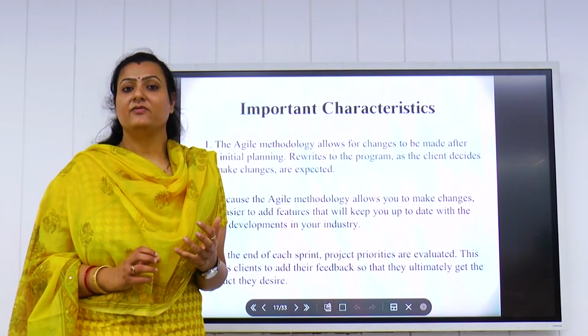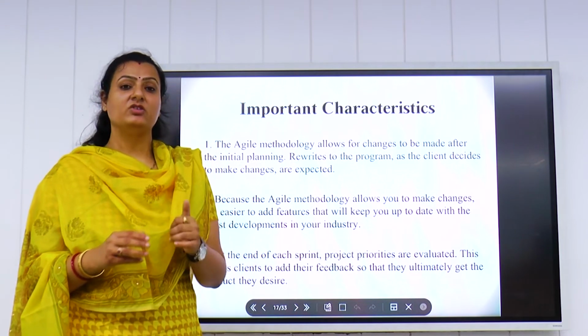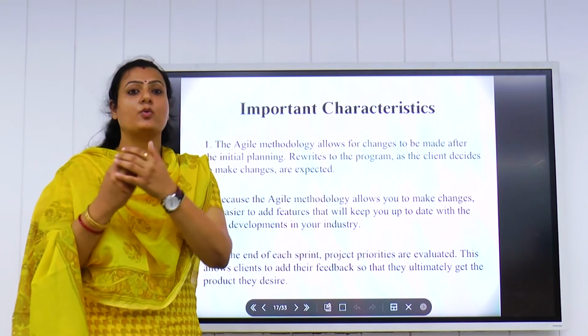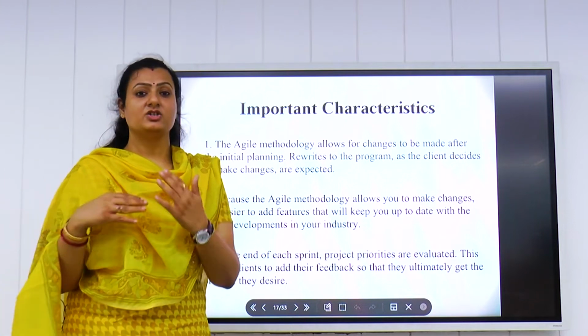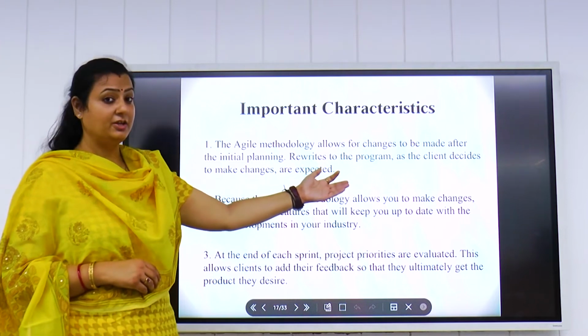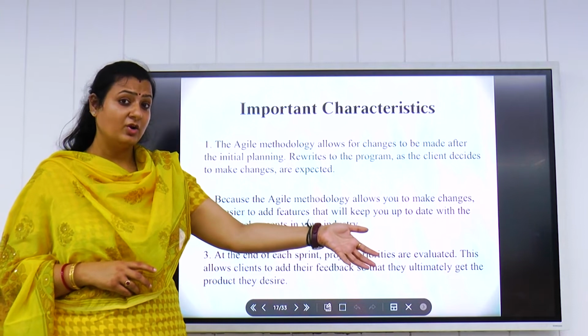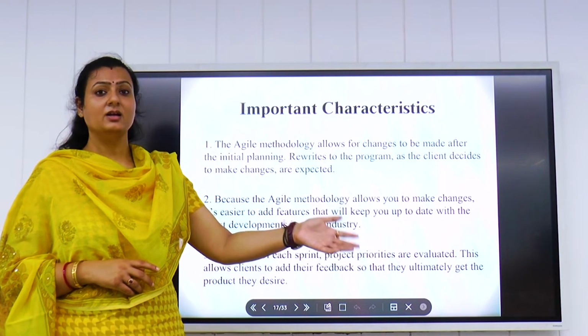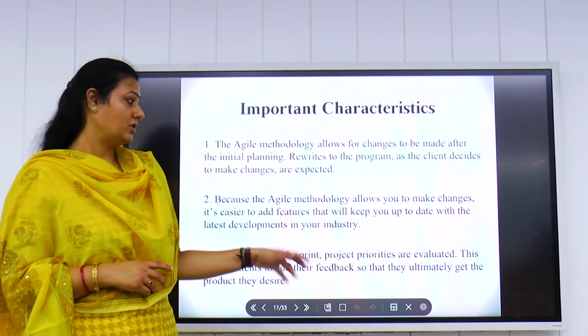The requirement phase can be rewritten, as this is the main feature of the agile methodology: requirements are not fixed. As per the need of the client, we change these requirements, so we can rewrite the programs. If we have designed a particular module, we can rewrite it, and we can convince our team to rewrite it, because we are following this methodology.